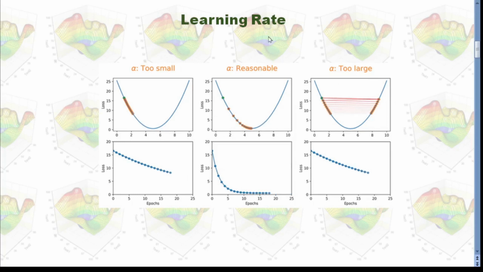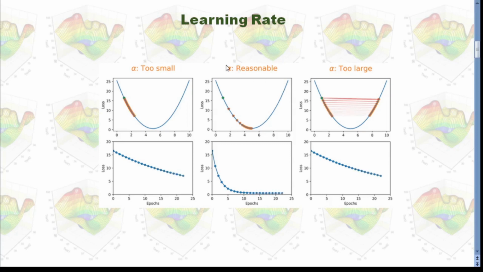If the learning rate is too large, then from this point we adjust our model and it jumps to here, and then next time it will jump back here, and that means our learning rate is too large.